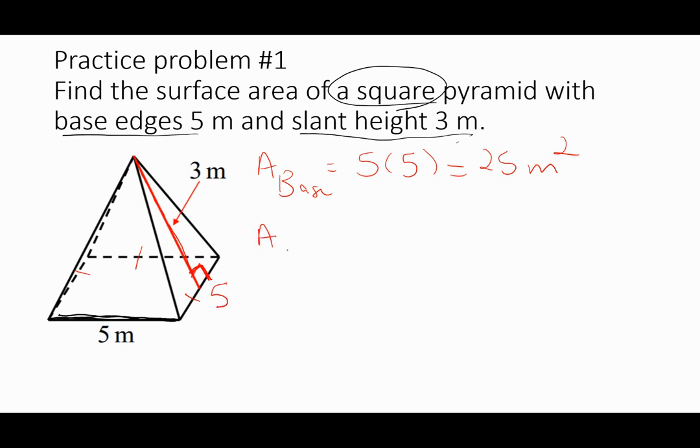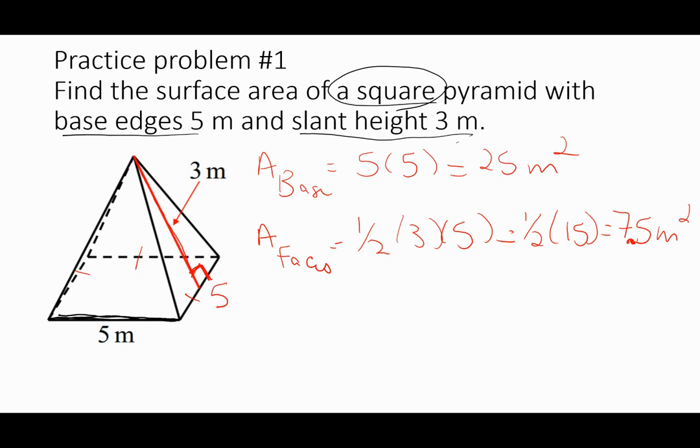So the area of our faces is 1/2 times 3 times 5, which gives us half of 15, which gives us 7.5 meters squared. And now because we have 4 sides, the area of all faces is 7.5 times 4, because there's 4 of them, is 30 meters squared.